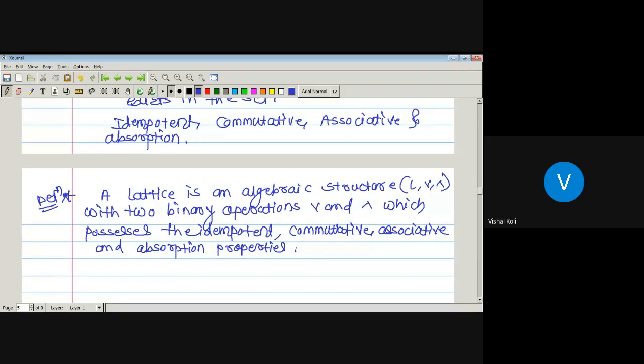So lattice is an algebraic structure which is equipped with two operations, that is join and meet, and which also holds these properties, that is idempotent, commutative, associative, and absorption.